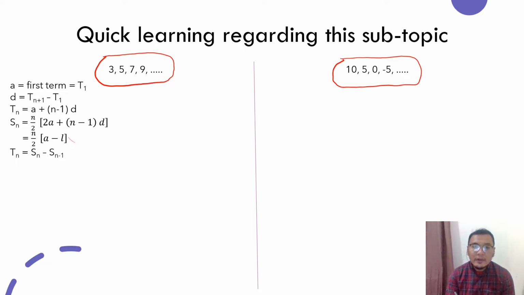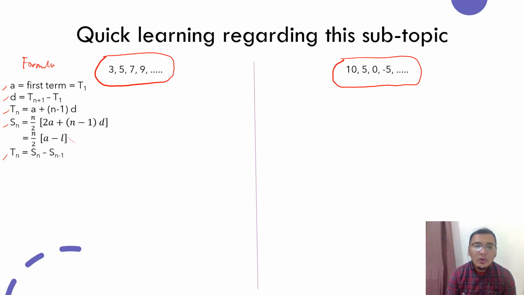On your left slide, you can see the formulas that you need to remember for this subtopic, arithmetic progression. These are used only for arithmetic progressions. We have a, d, Tn, and Sn.